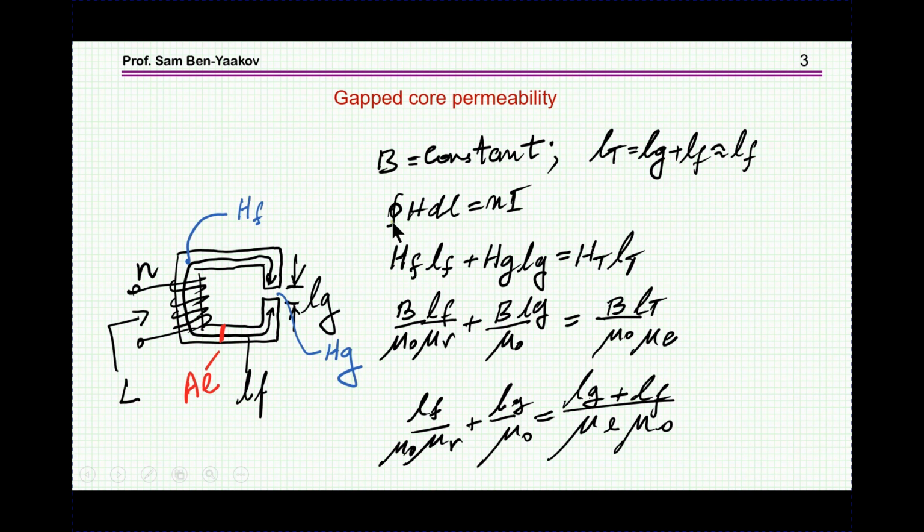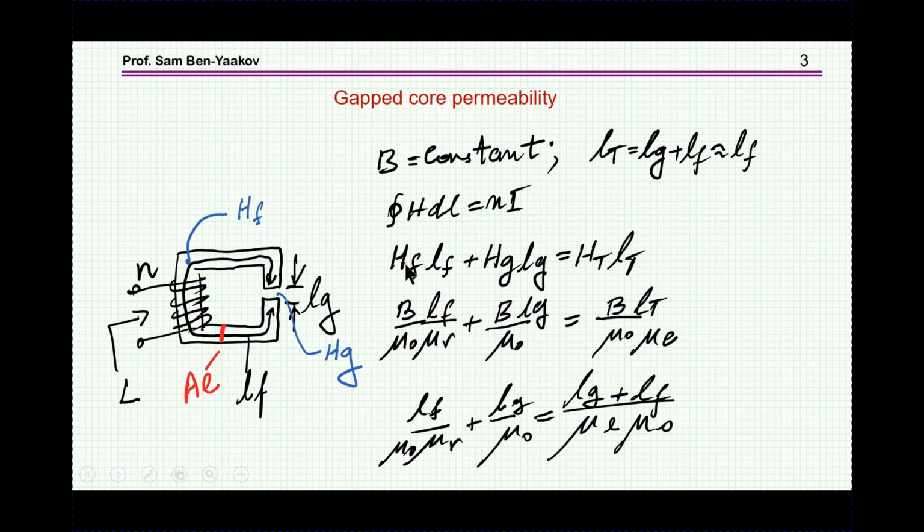Now, starting with the integral of H dl equal to N times I, then we have the sum of H sub F times L sub F within the ferrite, then we have the magnetic field within the gap times the length of the gap. This will be the total H times the total length.